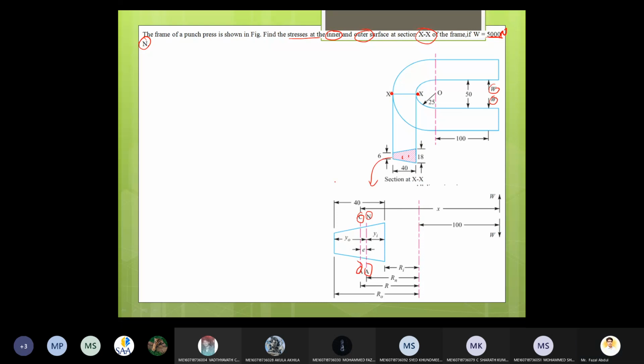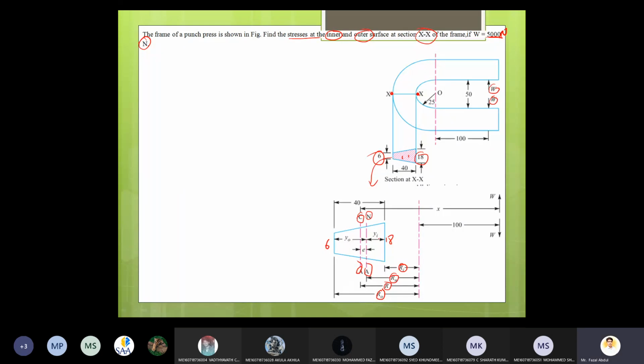Okay, and b_o is given as 6, that is the one here, and b_i is 18. From the reference of this line, all notations are denoted here: r_i, r_o, r_n, r, right?